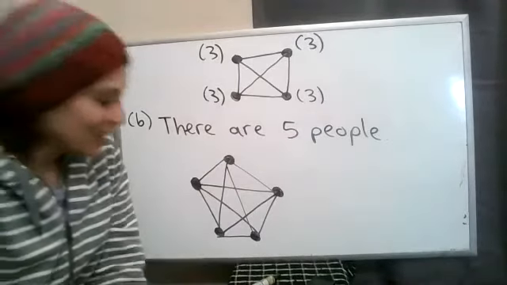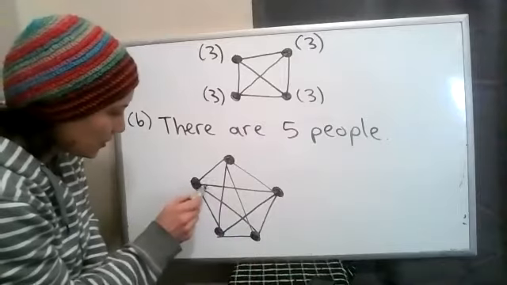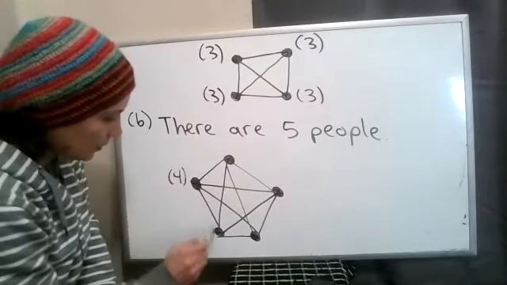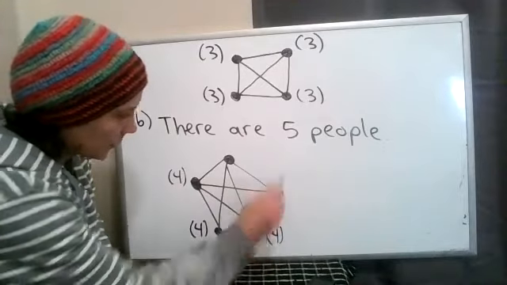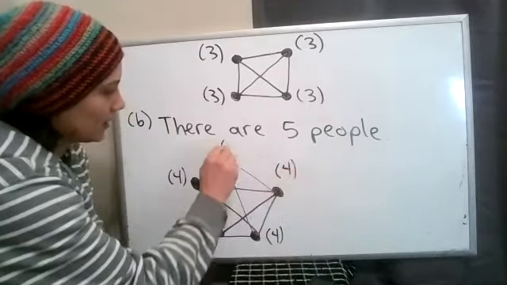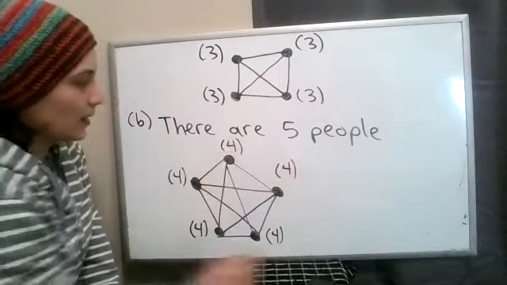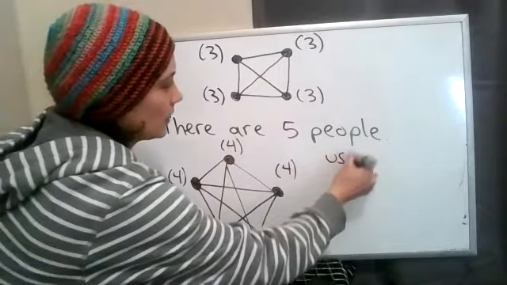Sum of the degrees. So find each degree. 1, 2, 3, 4. 1, 2, 3, 4. Each is going to be a 4.